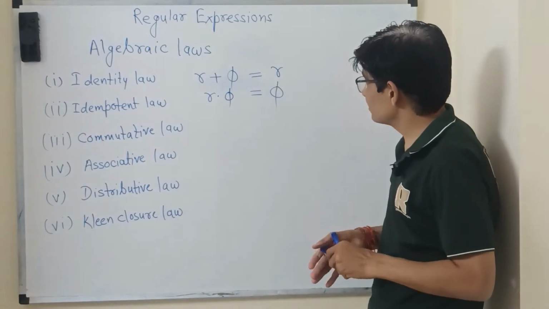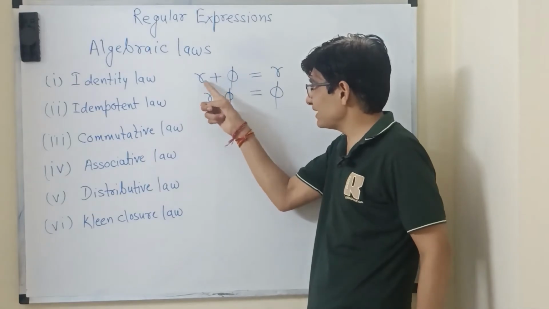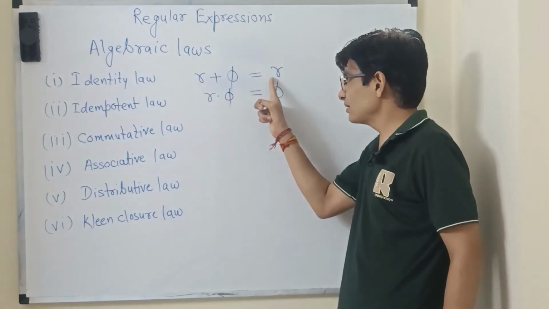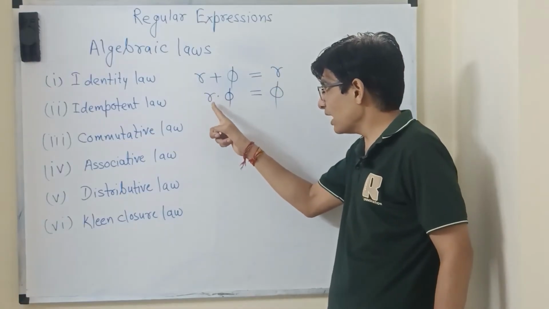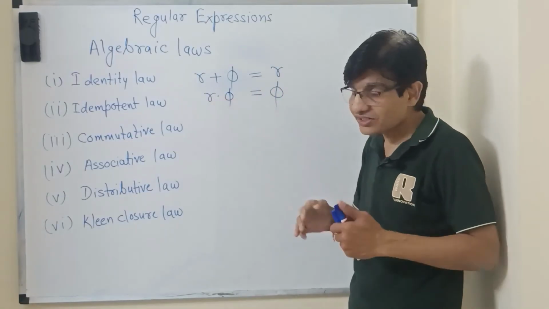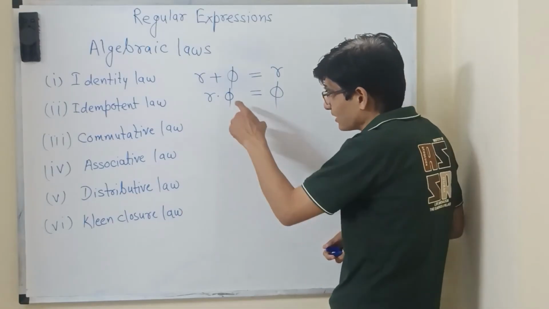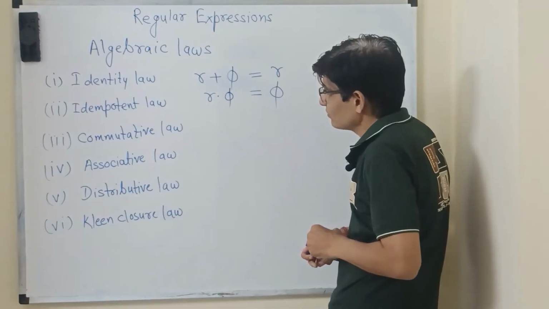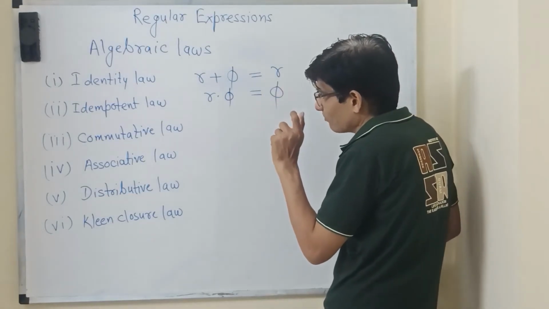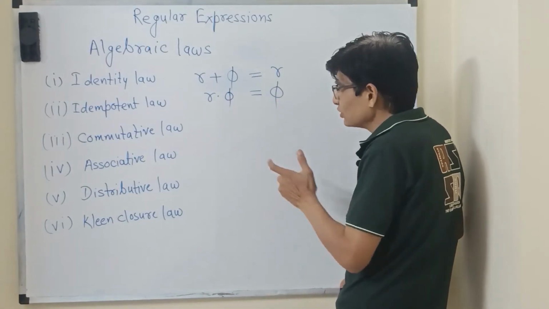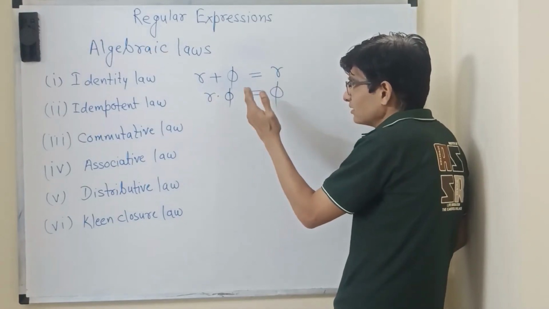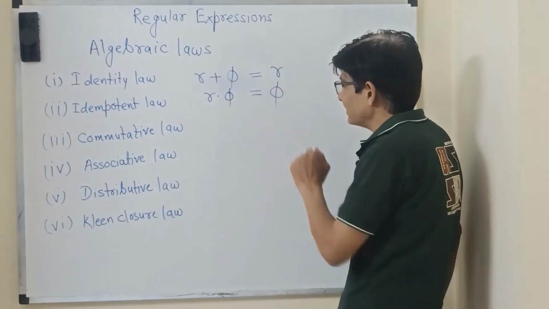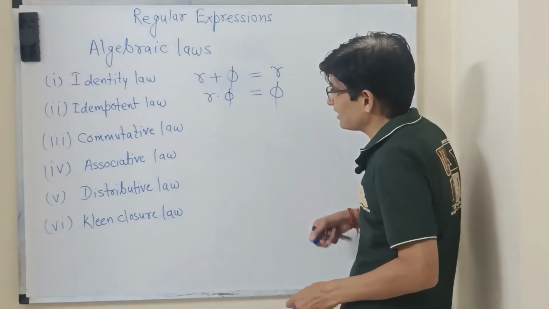So R plus phi gives R, but R dot phi, the concatenation of any regular expression R with phi, is phi itself, because if we have nothing in one set, we will get nothing as a result. So this is the identity law.